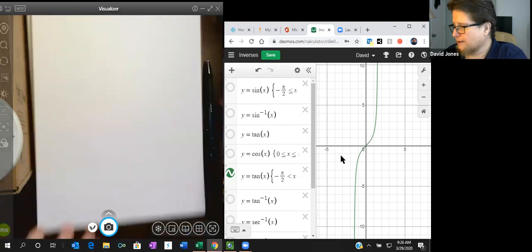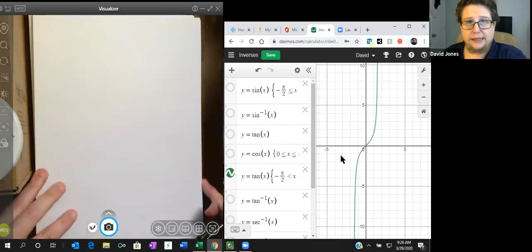Okay, so how do inverse functions relate to the base functions?